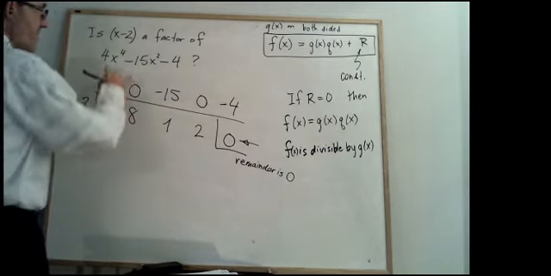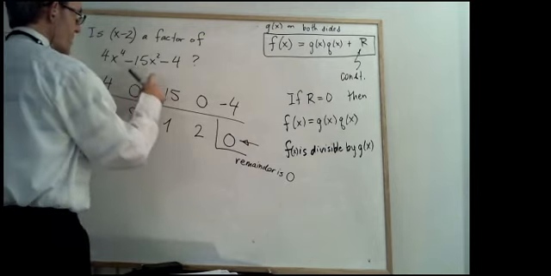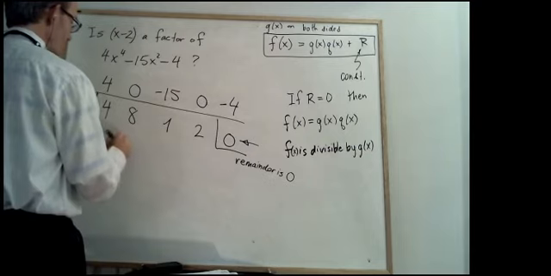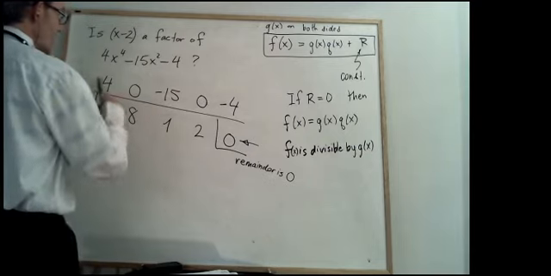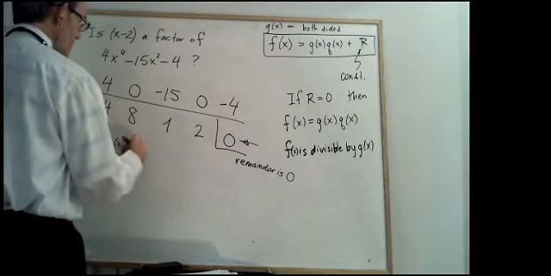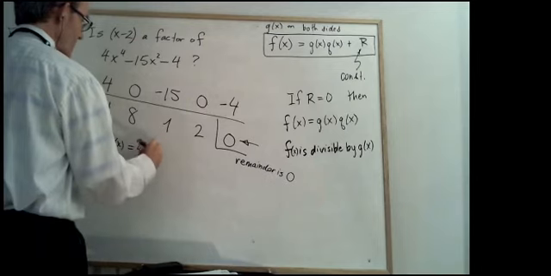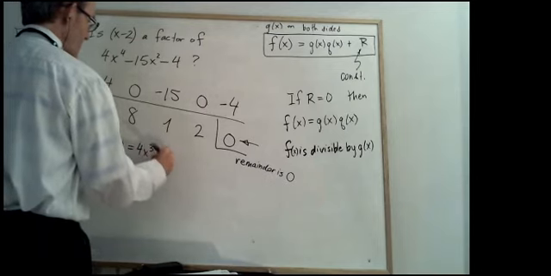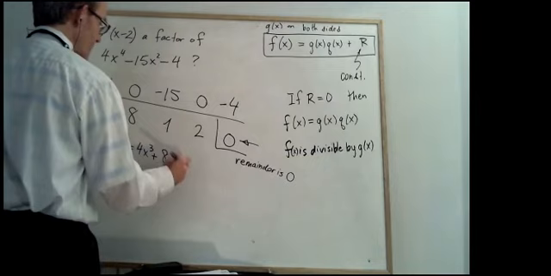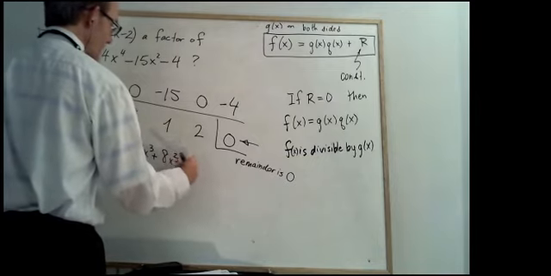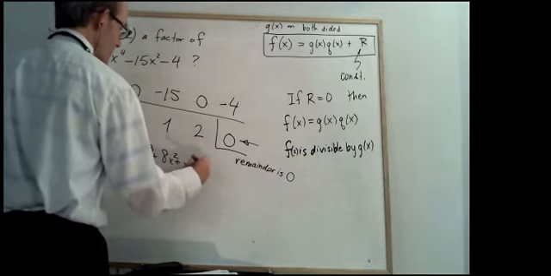What is the quotient in this case? The quotient here will be given by these coefficients, which I have to start with x cubed now, so it's 4x cubed plus 8x squared plus 1x plus 2.